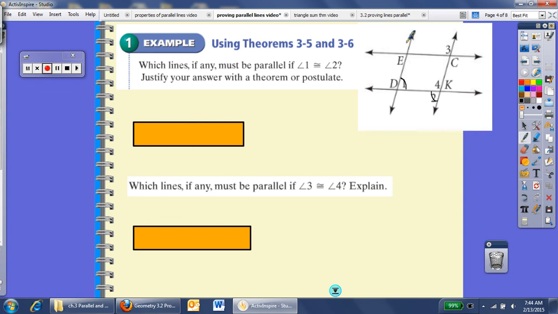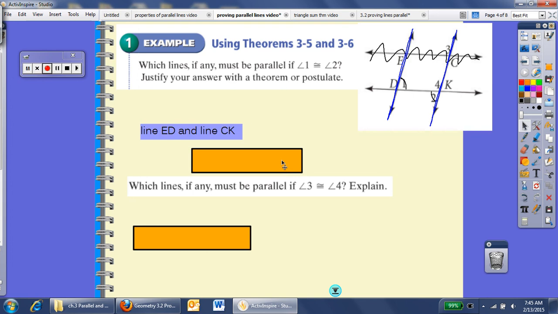So if we get rid of line EC here, if we ignored it completely, we don't need this line in order to form angle 1 or 2. Therefore, line ED must be parallel to line CK, since those 2 lines form those angles. And we can write that like this here.